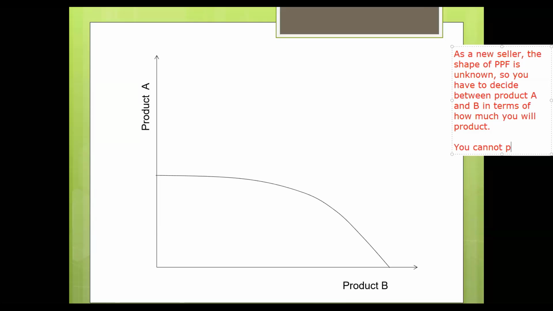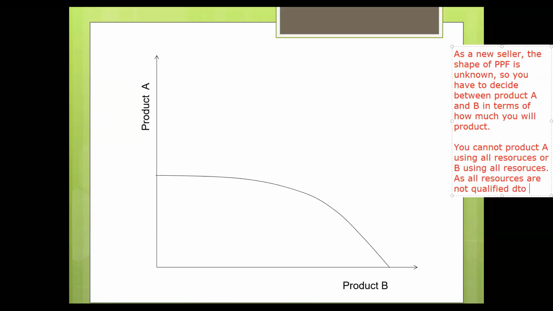Because you cannot produce A using all resources, or B using all resources, as all resources are not qualified to produce A only or B only.